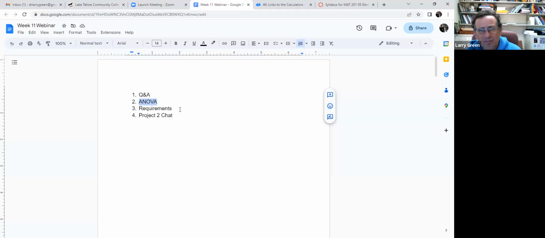It stands for Analysis of Variance. The reason why it's called that is something we're not even going to get into because the math is too hard. But what we're going to be looking at is a hypothesis test to decide if there's a difference between a whole bunch of means.